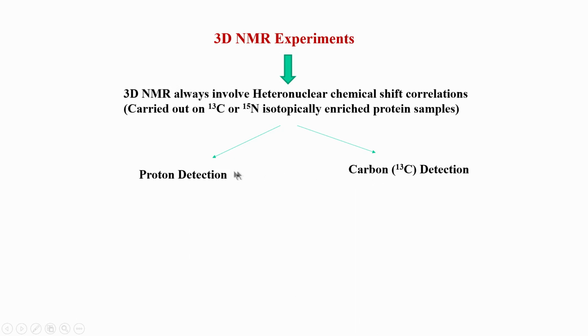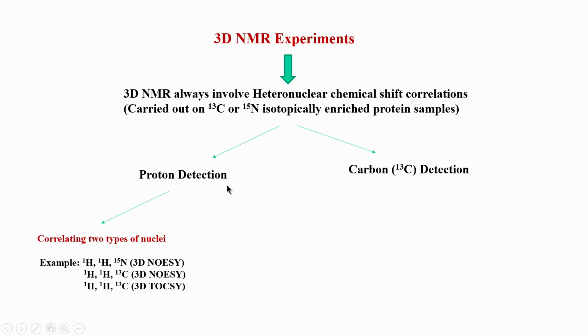Our entire course will focus on proton detected experiments, when it comes to 3D. In 3D NMR you can have two types of proton detection experiments. One is where only two nuclei are involved in the chemical shift correlation.